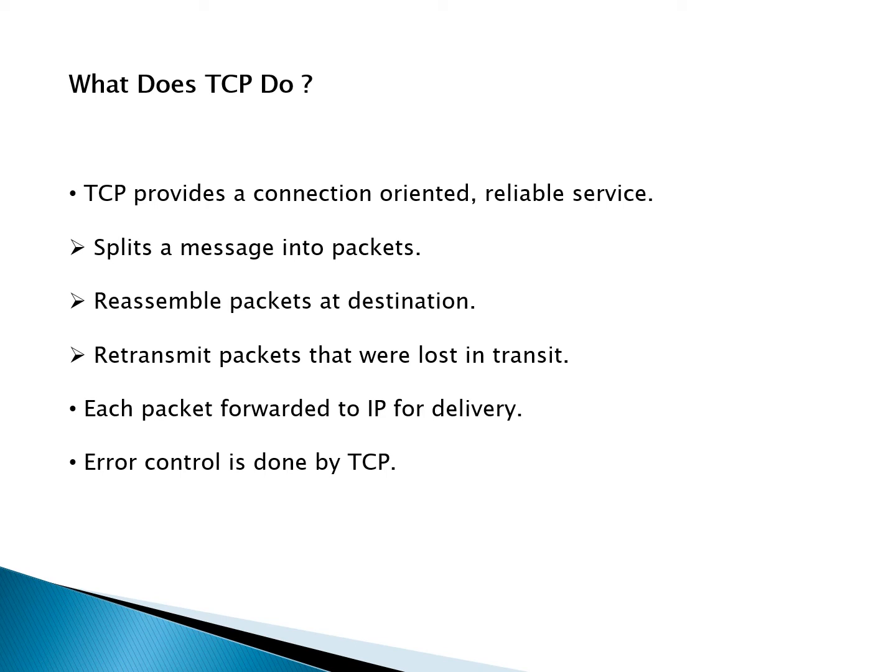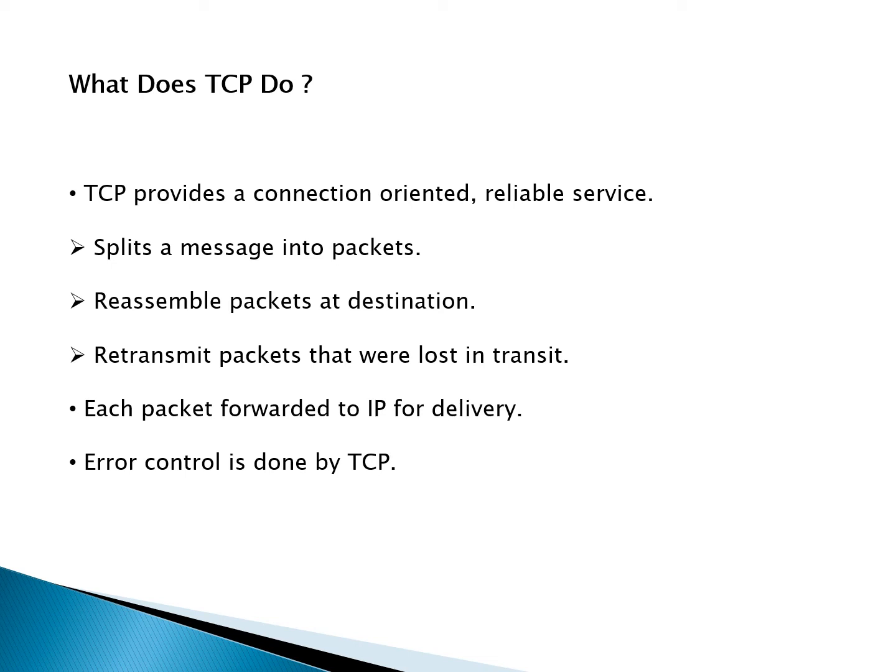How? TCP will explicitly check that the data that has been sent is correctly received at the destination, because the destination will send back an acknowledgement at the transport layer to tell whether it was received correctly or not. If it is not received correctly, it will transmit again, so that some reliability is maintained.